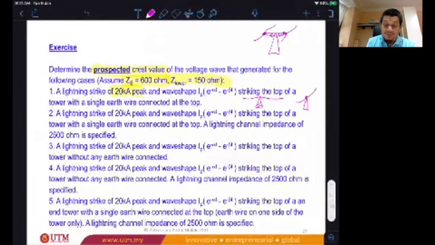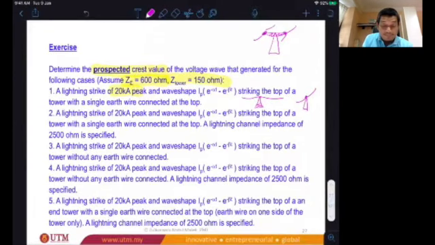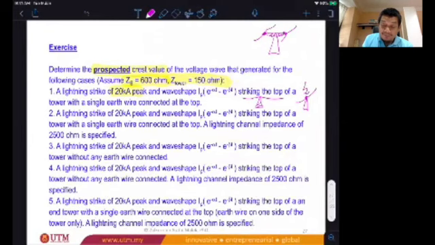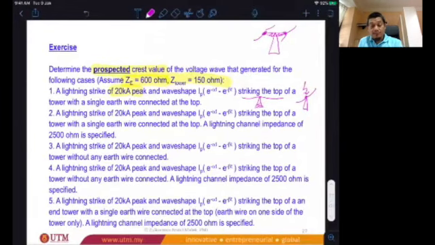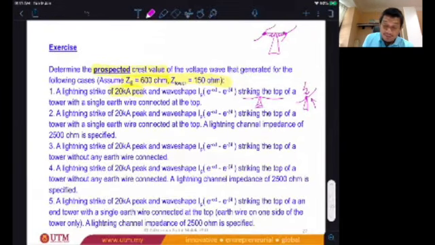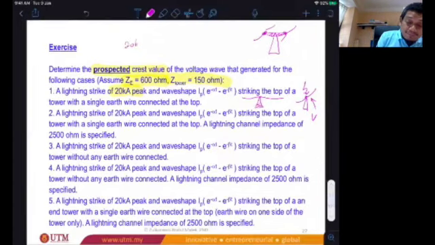Okay, single earth wire. So what is the answer for the first one? If the current is striking the top of the tower like this, what is the voltage at that point? Peak voltage. So you need to do the equivalent circuit. For number 1, the equivalent circuit will be a 20 kilo-amp source current, but you don't have any ZS given. So ZS you have to assume infinity.